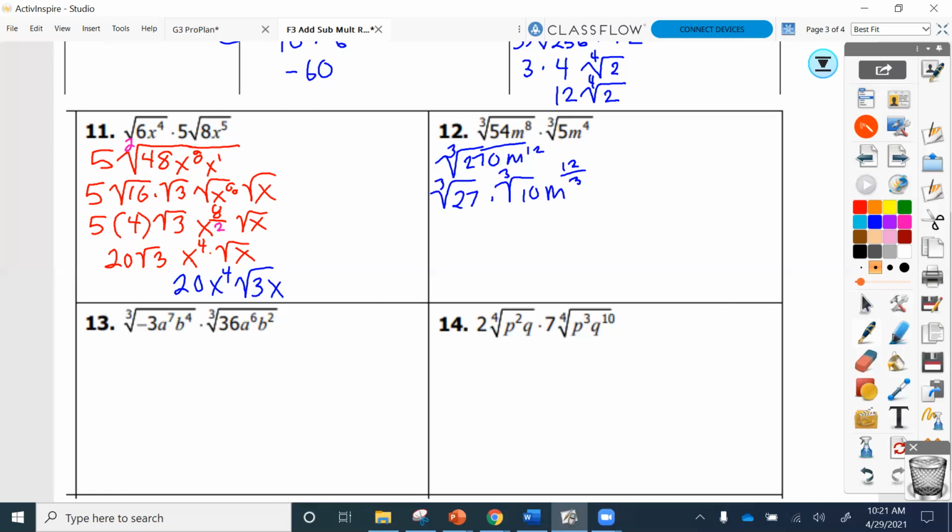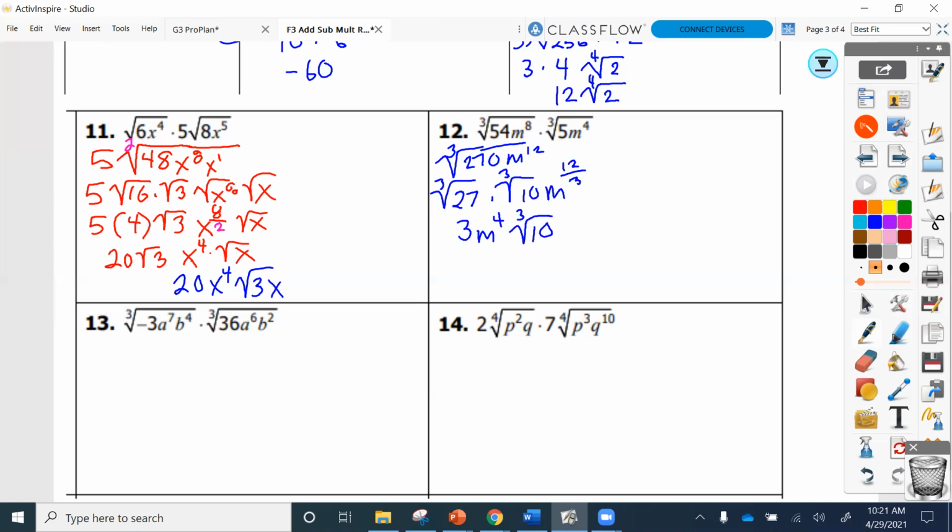So let's see, the cube root of 27 is 3. And then we'd have m to the 4th, right? 12 divided by 3. And we would just have the cube root of 10 left over. And we're done.